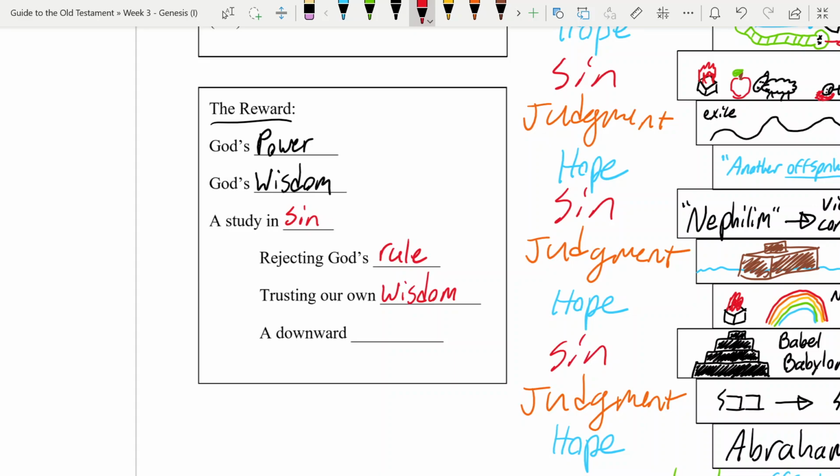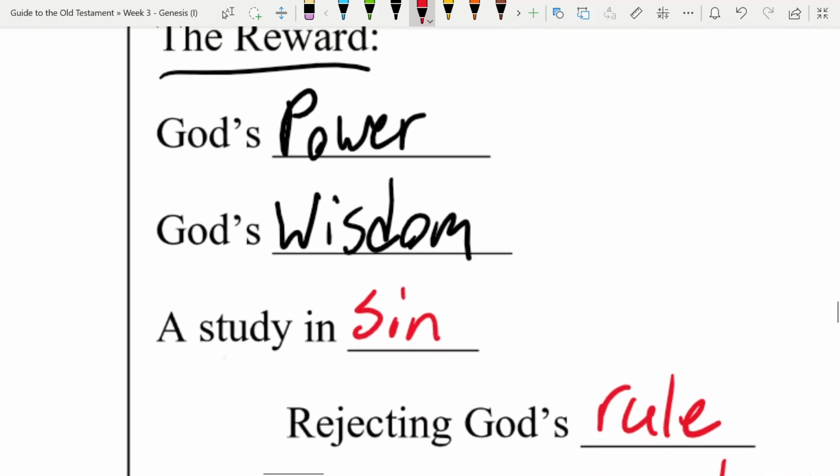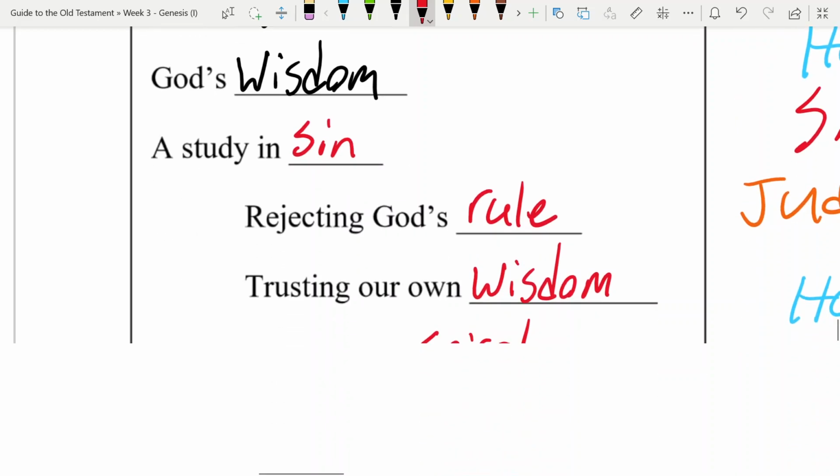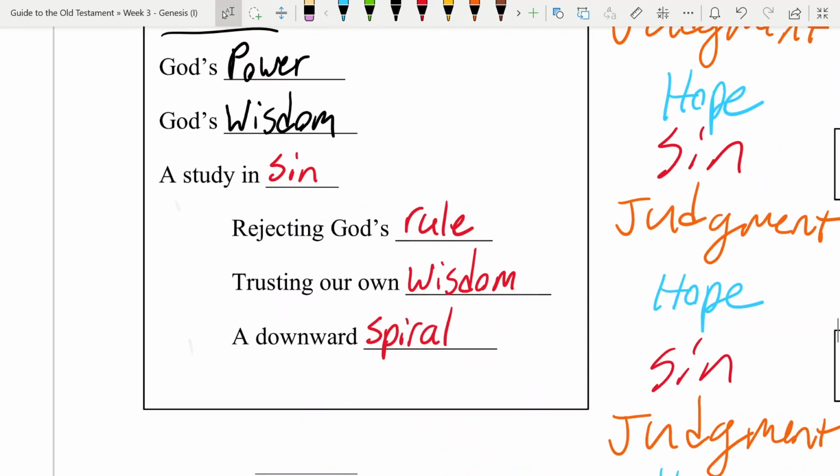It's as if we ourselves eat from the tree of the knowledge of good and evil. We also see sin as a downward spiral. We see the way that it spins out of control and takes us farther than we want to go and causes more destruction than we could predict. So here you get some really good and beautiful reward, and also some warning to think through about what sin is.